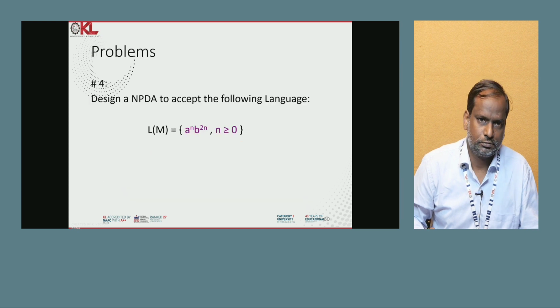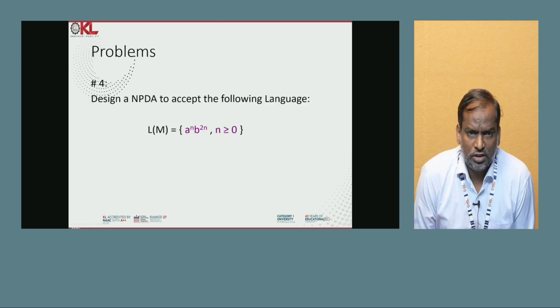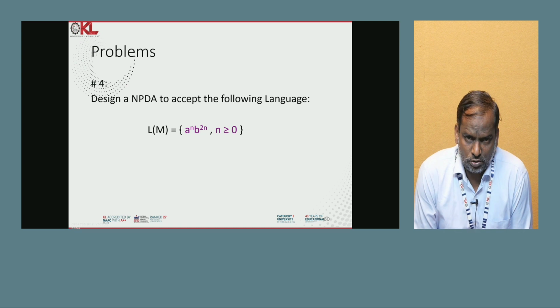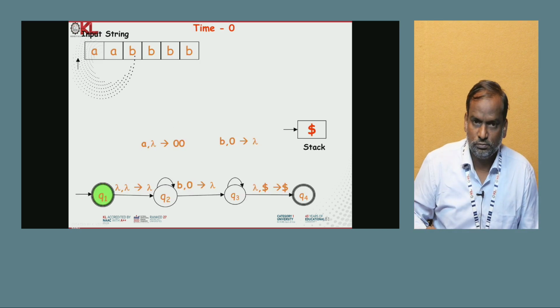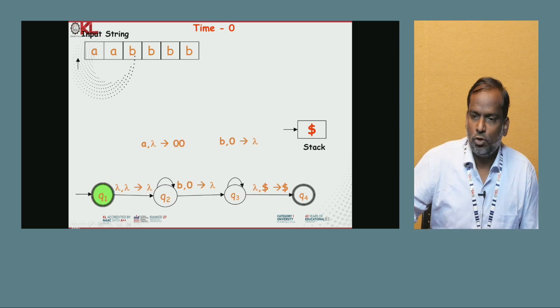Design a non-deterministic pushdown automaton to accept the language a power n, b power 2n.